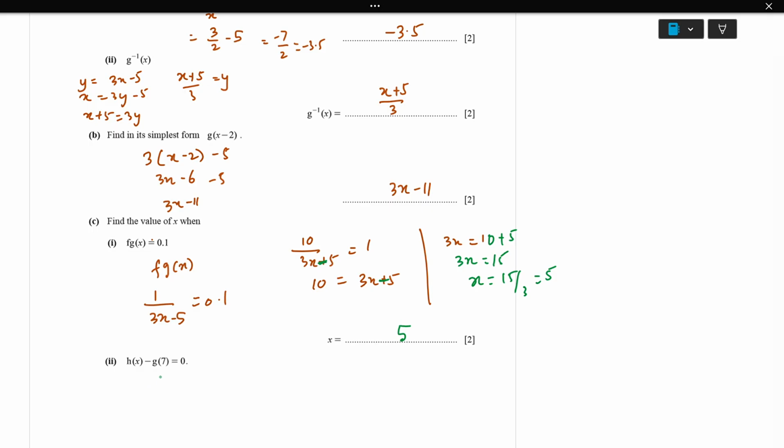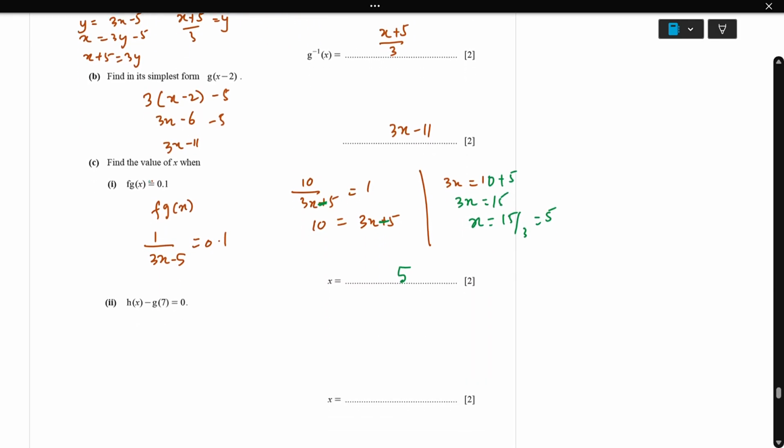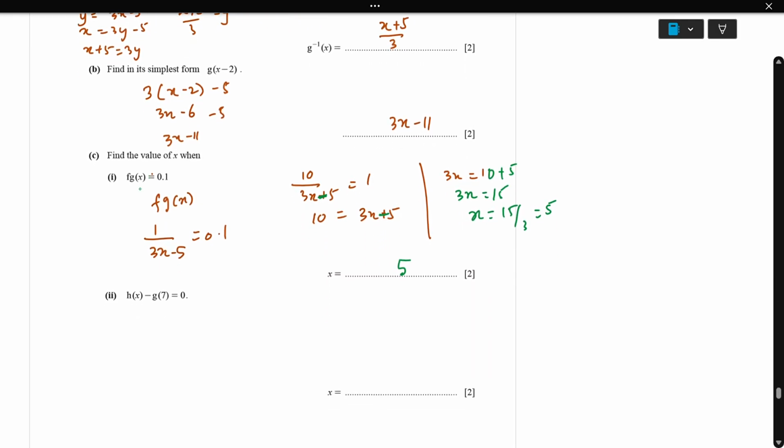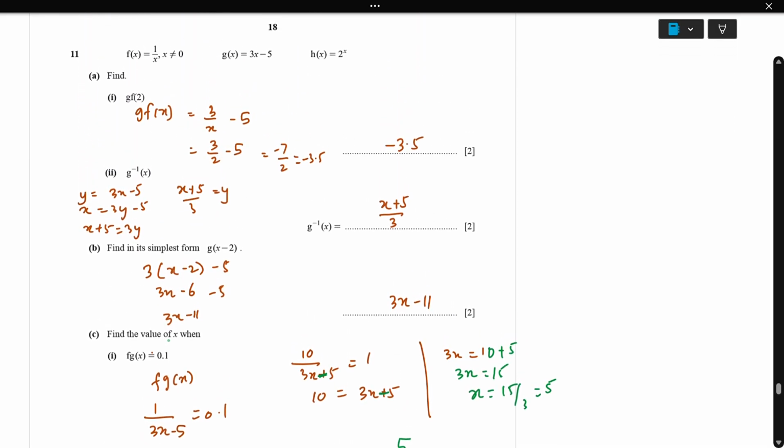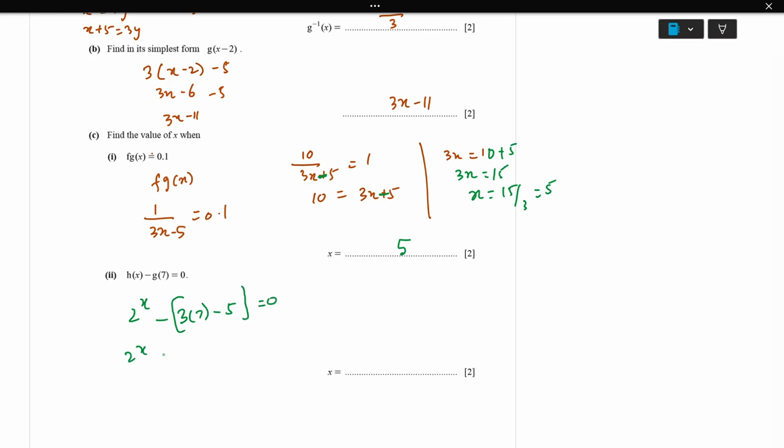Next, h of x minus g of 7 equals 0. The h of x function is 2 power x. So 2 power x minus g of 7. g is 3x minus 5, so 3 of 7 minus 5, equal to 0.